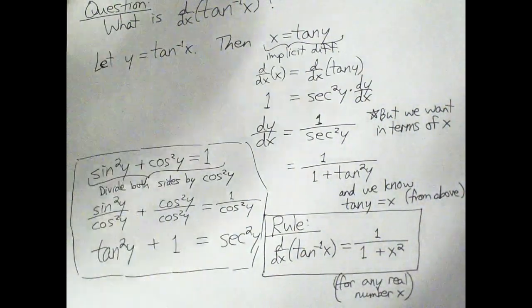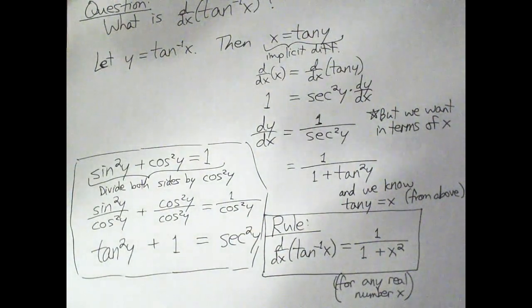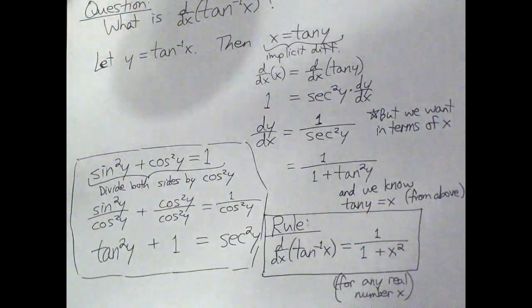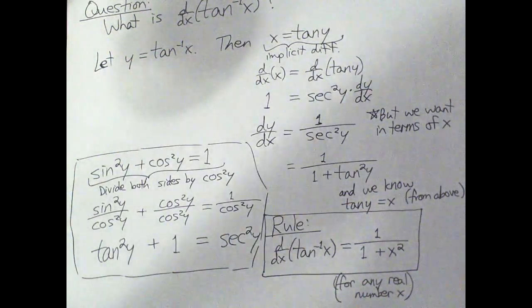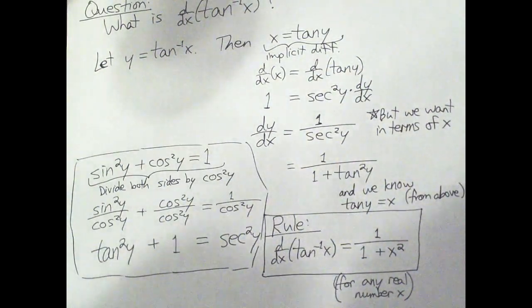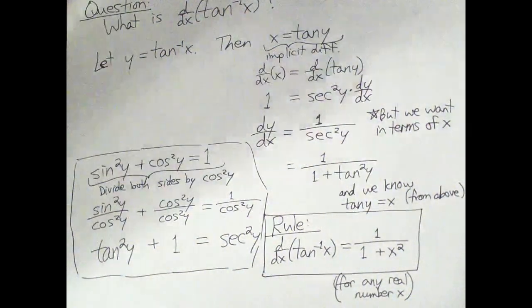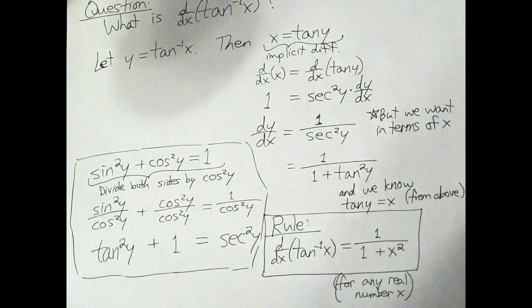There's not that restriction of x having to be between -1 and 1. So why does this work for any real number? It's because when you originally learned in a pre-calculus class about inverse tangent, you should have learned that the domain of inverse tangent is all real numbers.